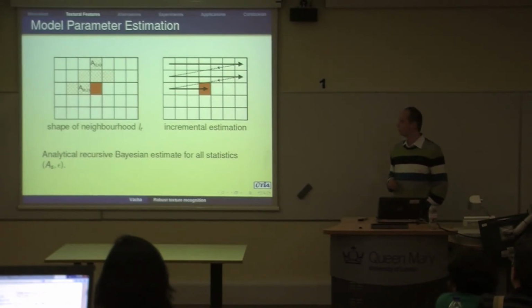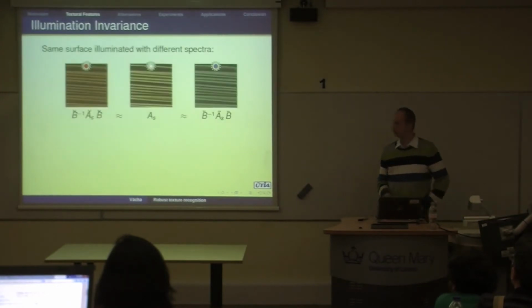So that's how the model parameters are estimated, and now I will go into more detail about illumination invariance.